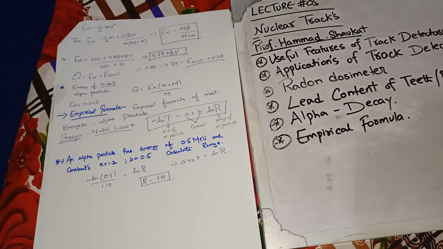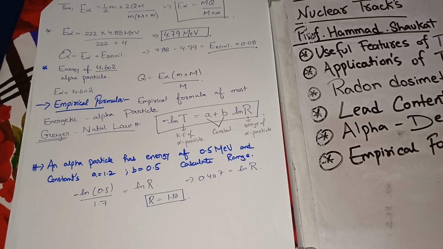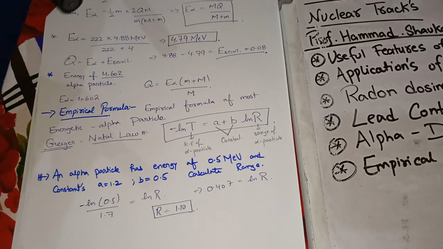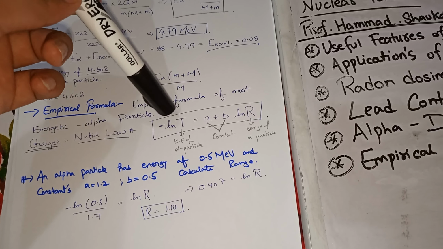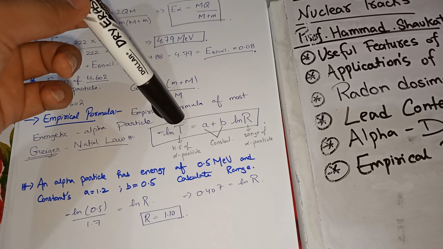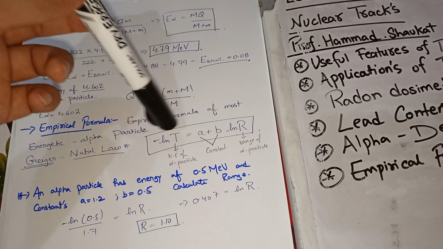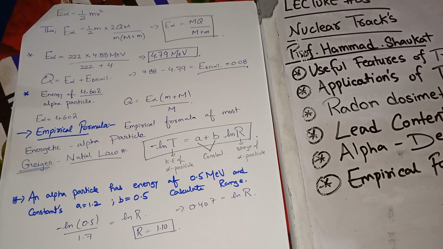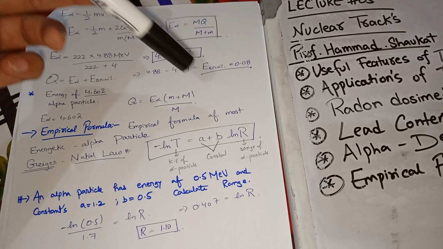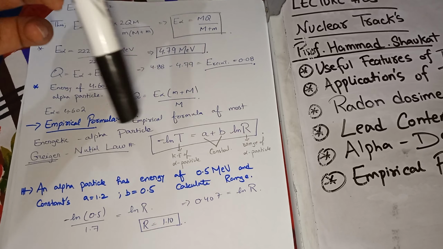There is a law for this, the Geiger-Nuttall law, and that law gives the relationship for the empirical formula: minus ln T equals A plus B ln R, where T is the kinetic energy of the alpha particle, A and B are constants, and R is the range of the alpha particle.